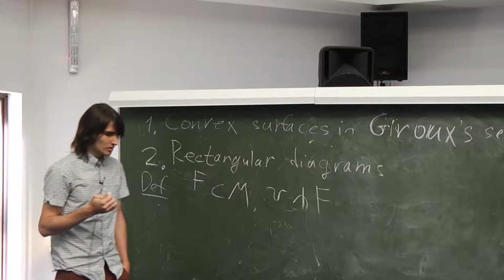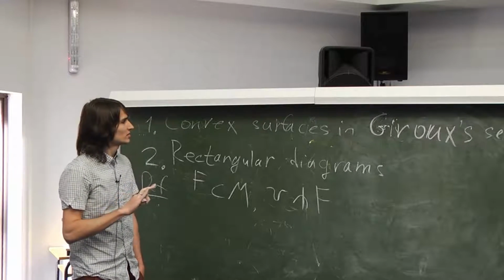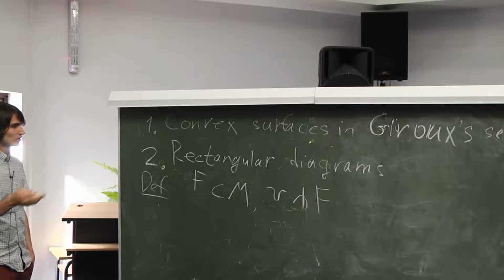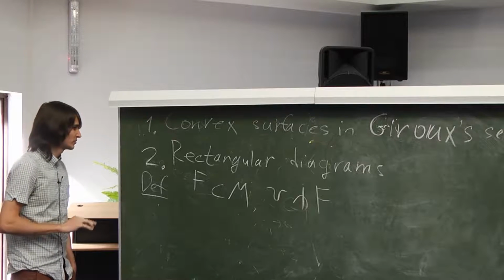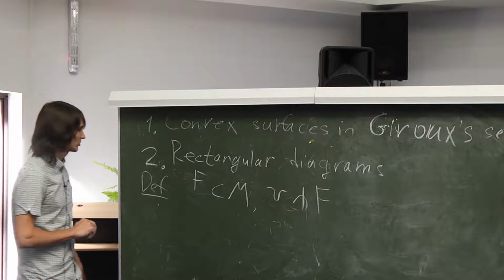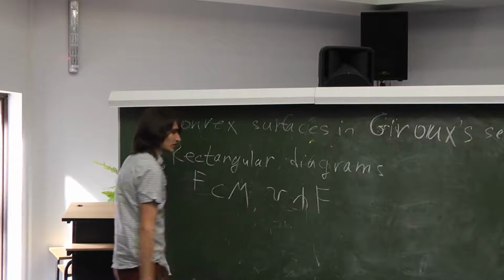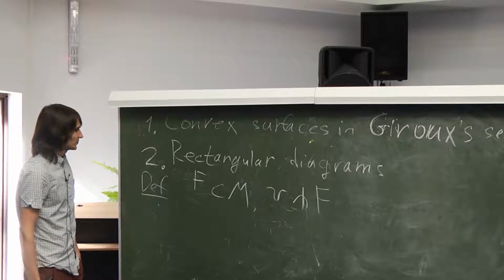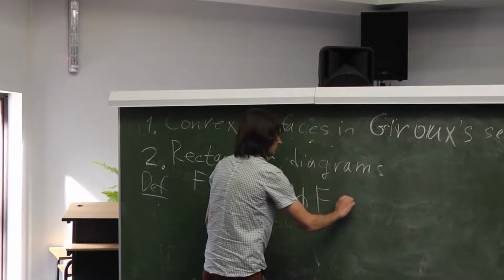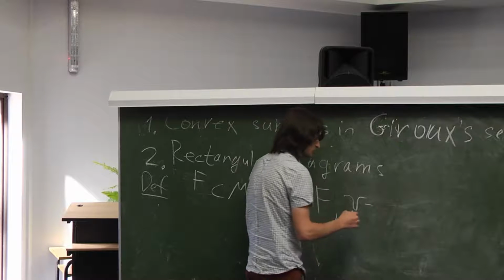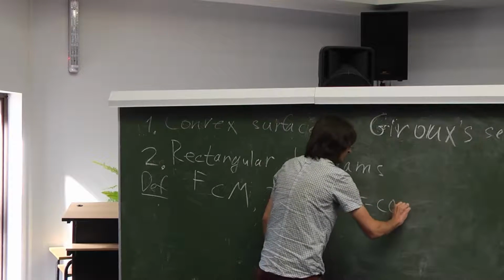Surfaces will be closed in my talk, but they may be with boundary and they may be non-oriented, but for simplicity they are oriented and closed. A vector field that is transverse, and this vector field is a contact vector field.